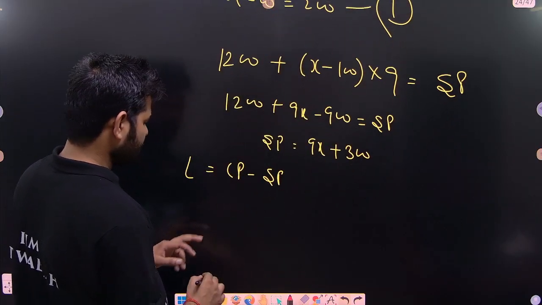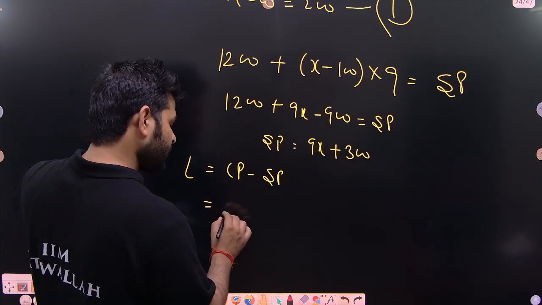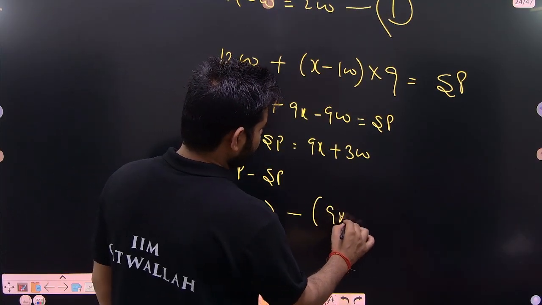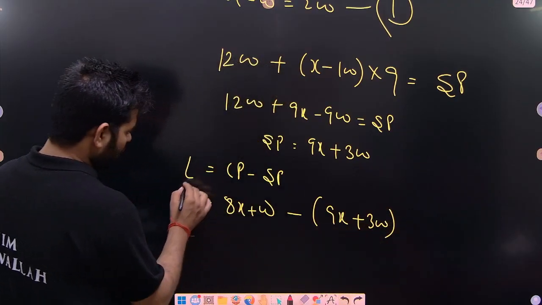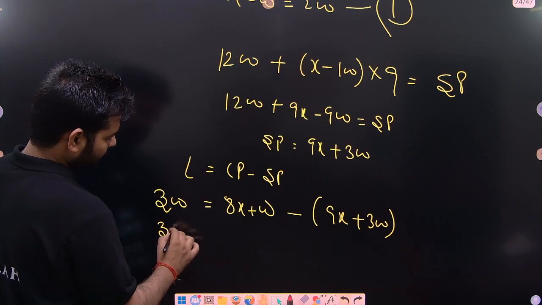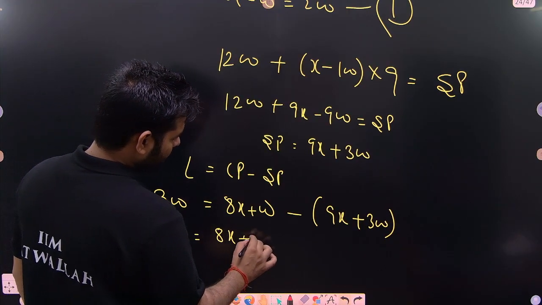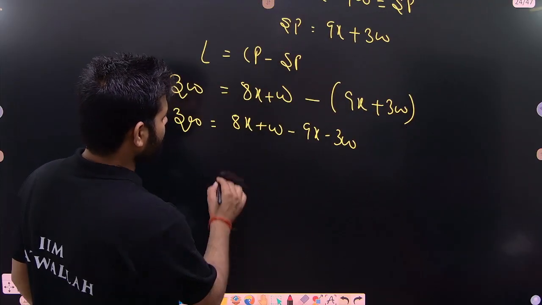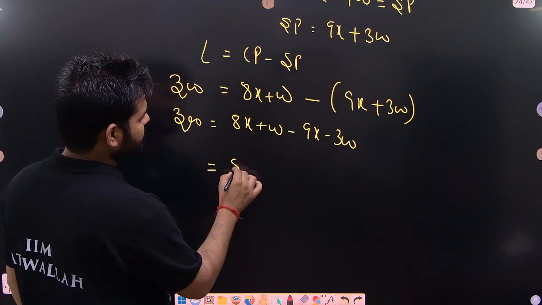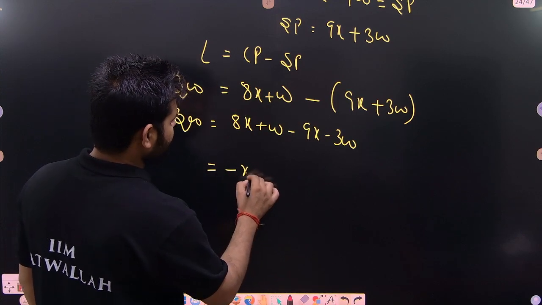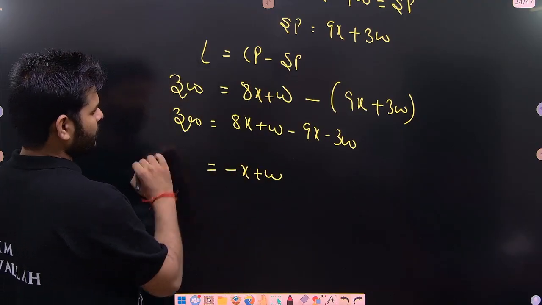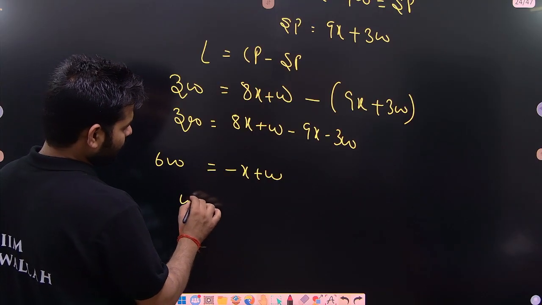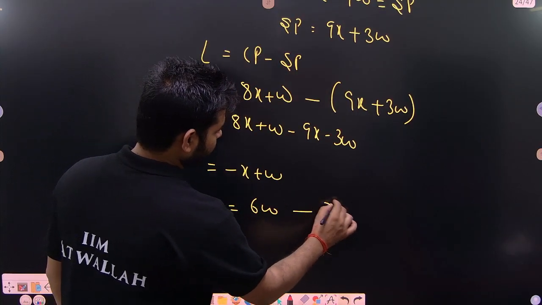CP is 8x plus W and SP is 9x plus 300, and the loss is rupees 300. So 8x plus W minus 9x minus 300 equals 300, that means W minus x would be 600. This is equation number 2.